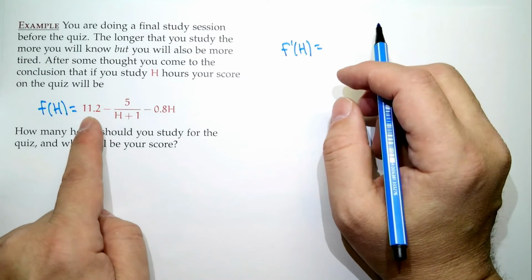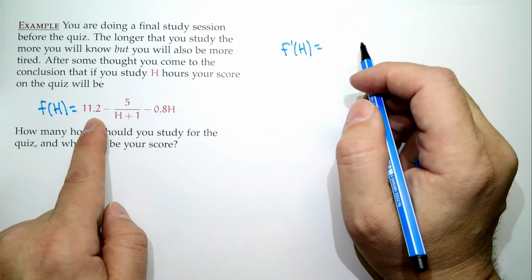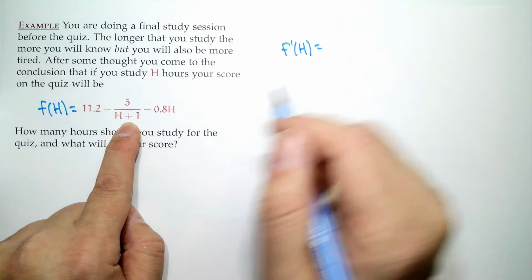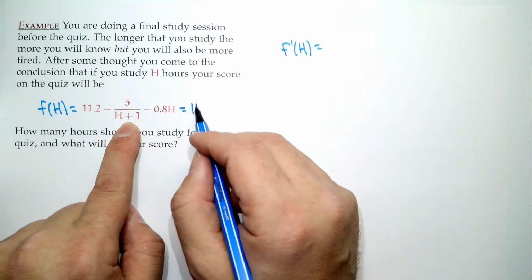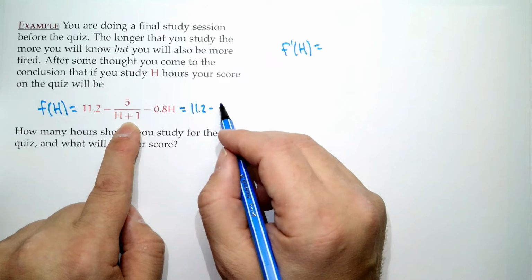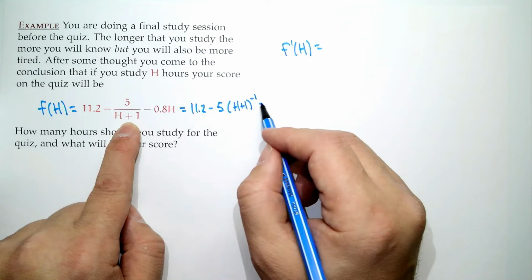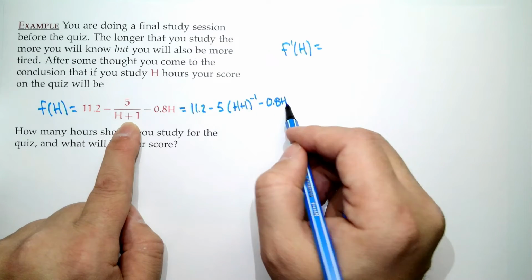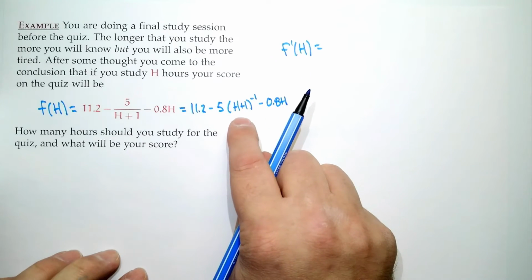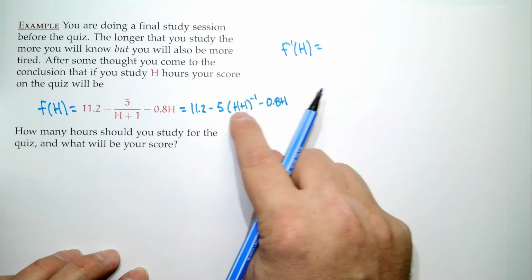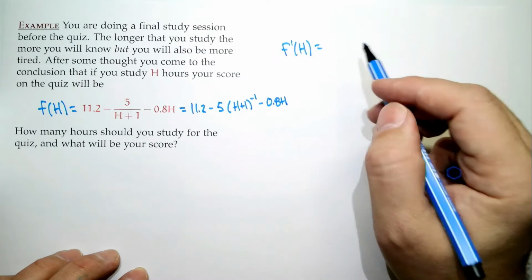So, derivative of 11.2? 0. Derivative of 5 over h plus 1. Now, that one, we could help ourselves by saying, let's rewrite it. That's h plus 1 to the negative 1. So if you write it in that way, it might be easier to take a derivative. So what's the derivative of negative 5 times h plus 1 to the negative 1?